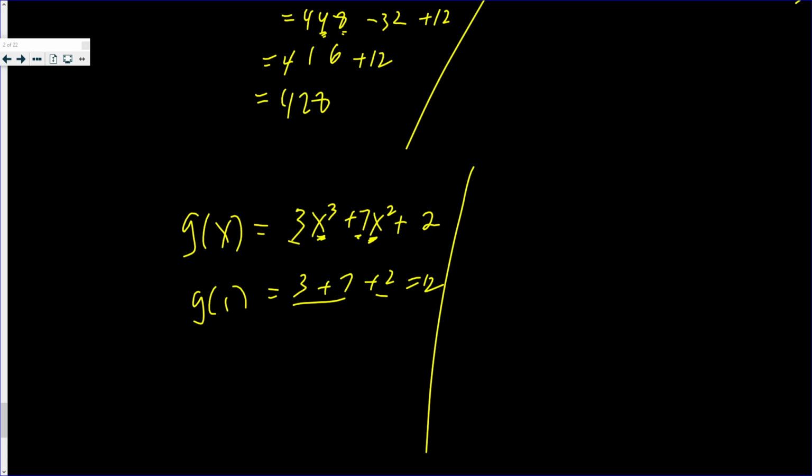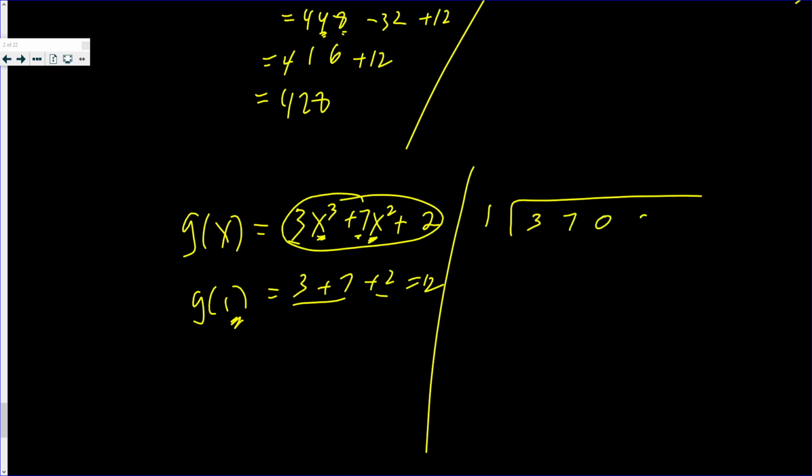If you want to use synthetic division, you put this number in front, and then you put down all the coefficients. Coefficient of x cubed, x squared, x, and 2. Put a 0 there. Or some people would just say bring down the 3. You multiply, you put it there. You add.